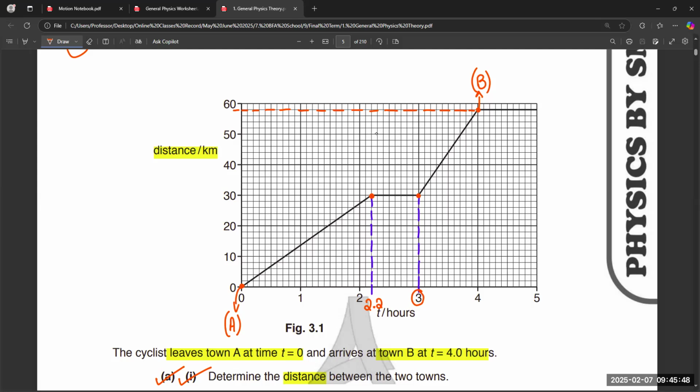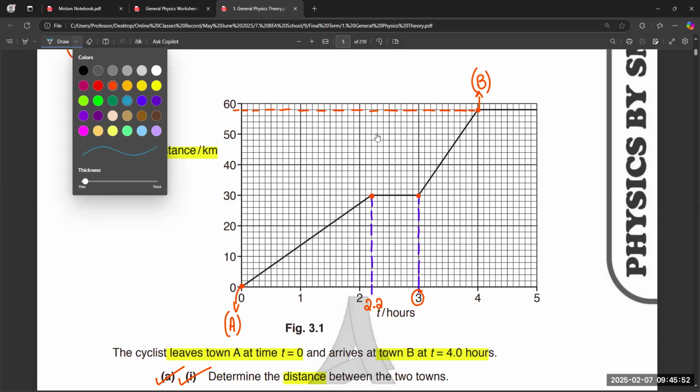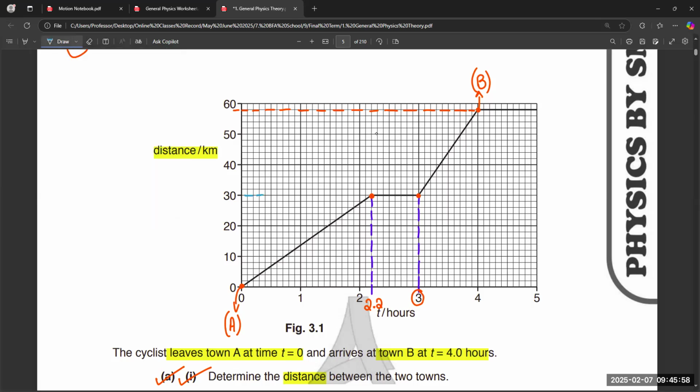So initially, we can mark from the graph that in 2.2 hours the body covers 30 kilometers. So in the first slope, distance divided by time, if you find the exact velocity, it is 13.6 kilometers per hour.